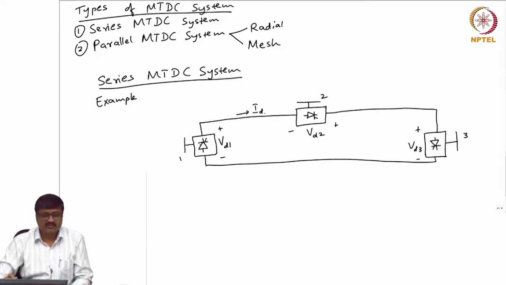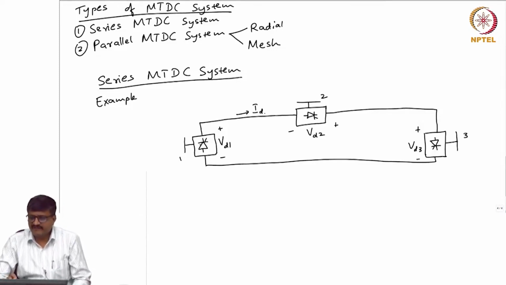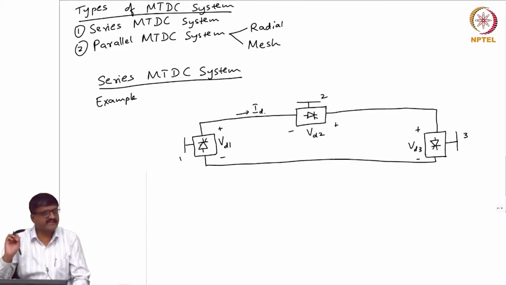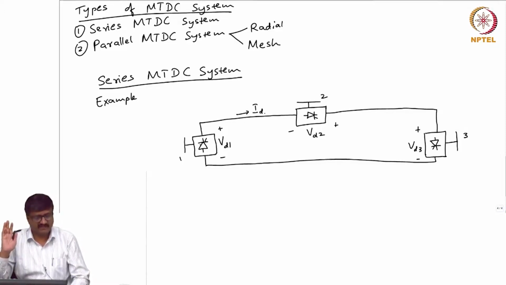Now, at least one of these VD1, VD2, VD3 should be positive, and at least one of these VD1, VD2, VD3 should be negative. If it is positive, it is rectifier. If it is negative, it means it is inverter. ID is positive. VD1, VD2, VD3 can be positive or negative. A positive VD1 or VD2 or VD3 means the respective converter is operating as rectifier.